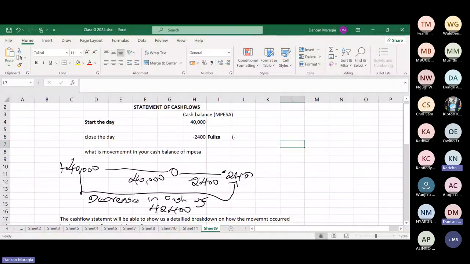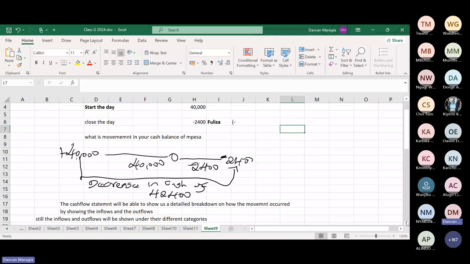Correct? Yes. So it means we have spent over the day, and our net movement is that we have moved from positive 40,000 all the way to negative 2,400. So our cash has decreased from 40,000 to negative 2,400, which is a total movement of how much? 42,400.